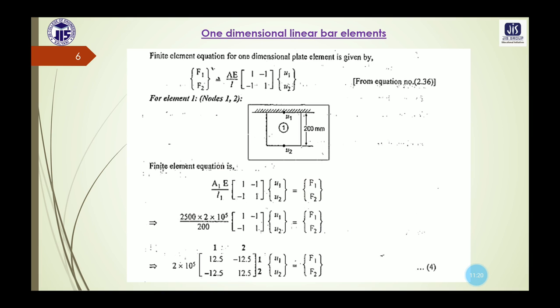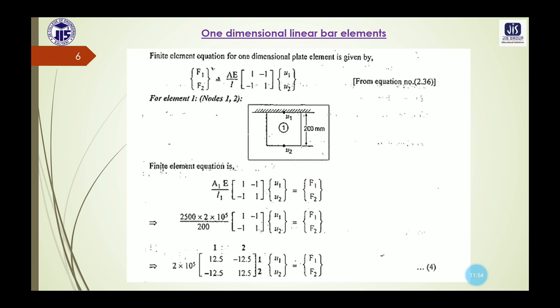Now for the element 1, corresponding to node 1 and node 2, we can formulate the finite element equation, which we can write as A1 E by L1 multiplied by the symmetric matrix and multiplication of the column matrix of the nodal displacements, which are U1 and U2. This is equal to a column matrix of F1 F2, that is the force vector.